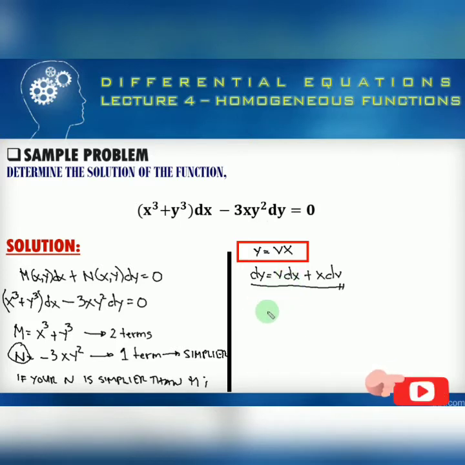From the given equation, again we write (x cubed plus y cubed) dx minus 3xy squared dy is equal to 0.